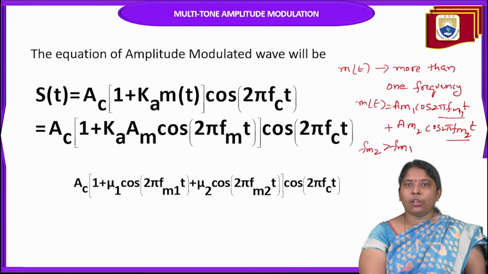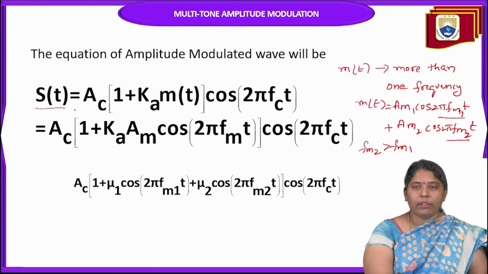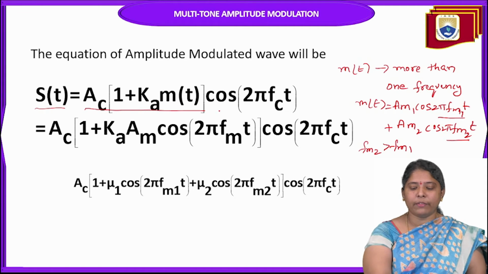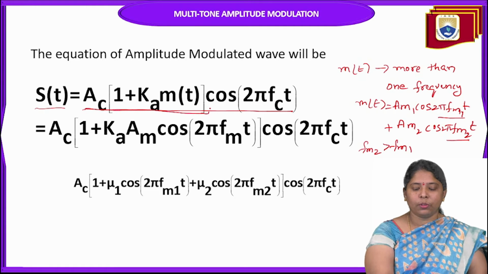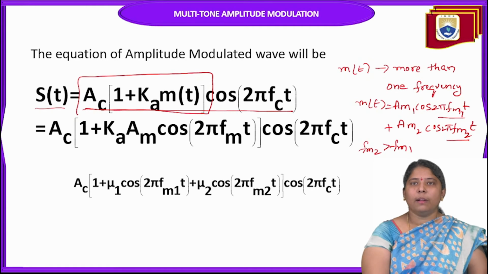Now, what is the equation of a multitone AM wave and what is the power requirement of a multitone AM wave? Let us see all these. We know the general AM wave equation: Ac cos 2π fc t is the carrier equation, but the carrier amplitude varies in accordance with the message signal.